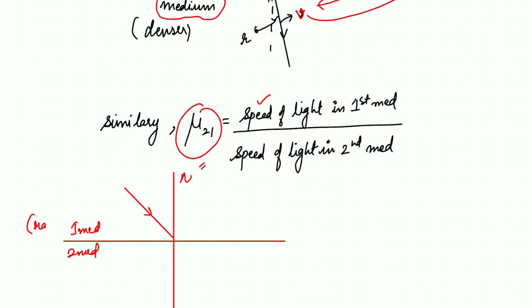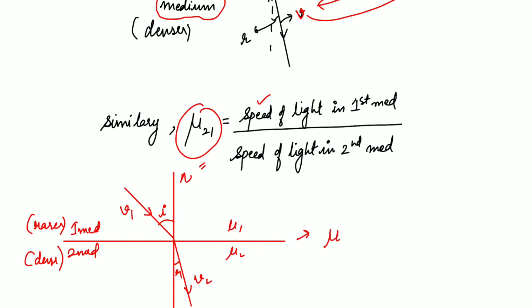Let's say this is your rarer medium and this is the denser medium, so we are going from rarer to denser. That means the light ray will bend towards the normal. So in this one we will have some velocity v1, and this will have velocity v2. This is your angle of incidence, this is your angle of refraction. Let's say this one has some refractive index n1, this one has some refractive index n2.